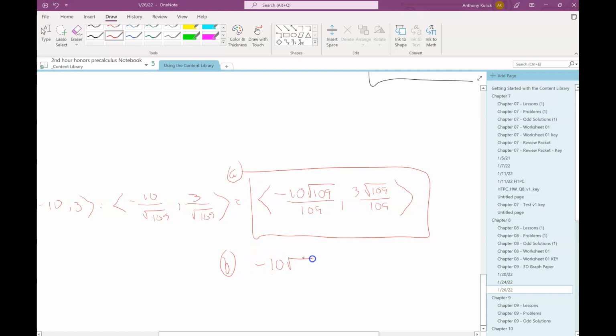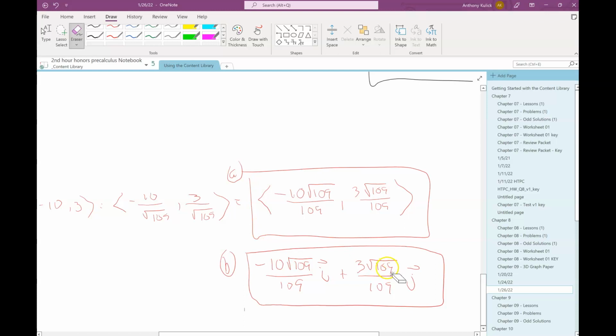I take the x component as the coefficient of i, and the y component is the coefficient on j.